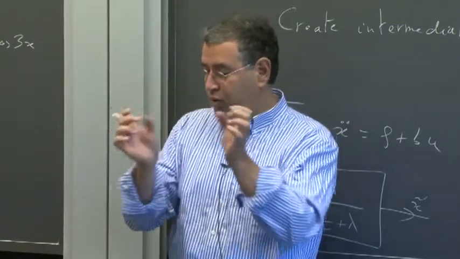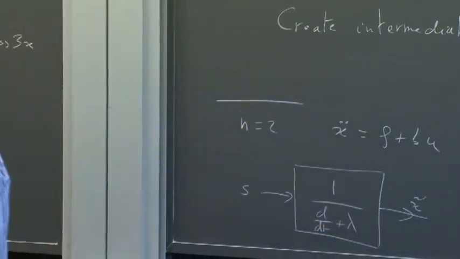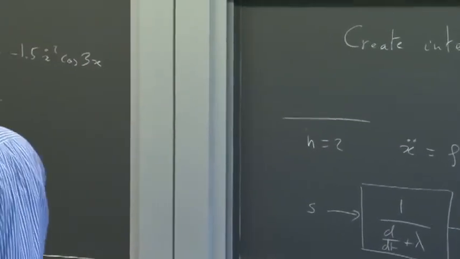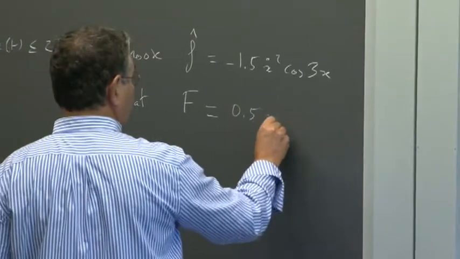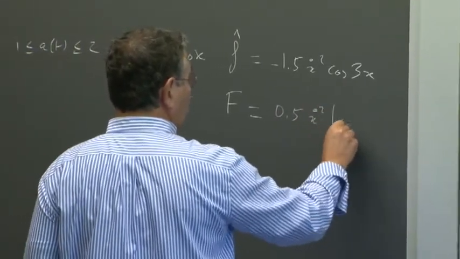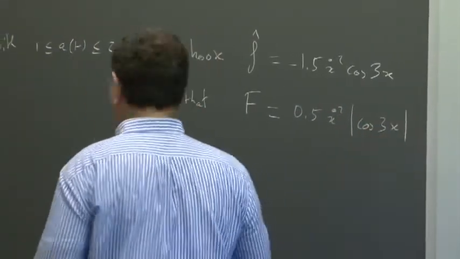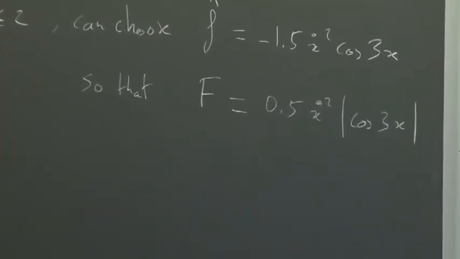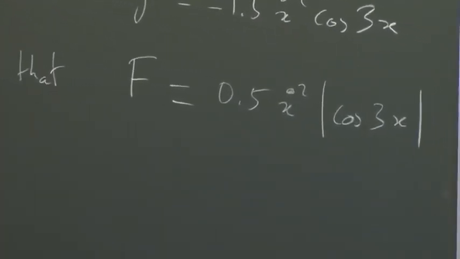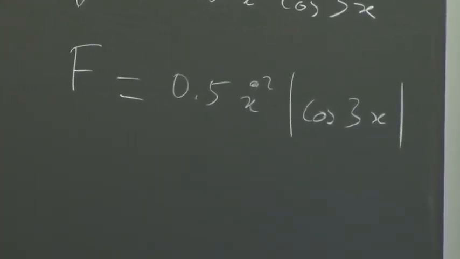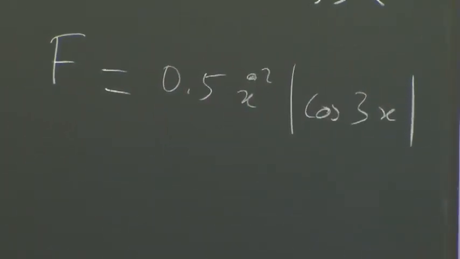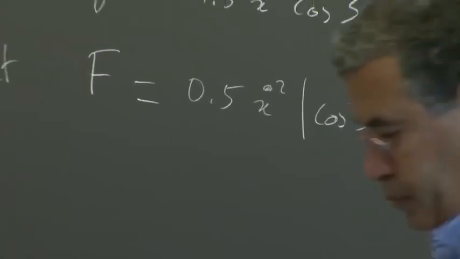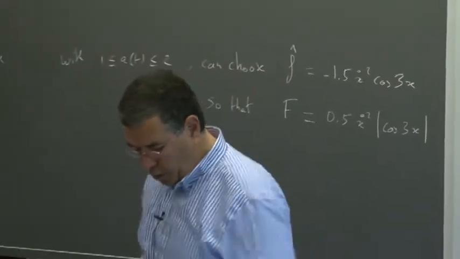So what's left is what's on either side: 0.5 x dot square, absolute value of cosine 3x. You've put it in the middle, so what's left is 0.5 on each side. Okay.